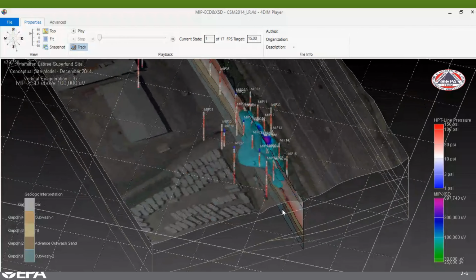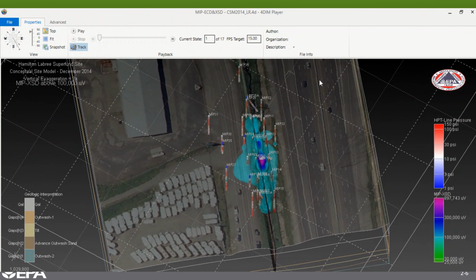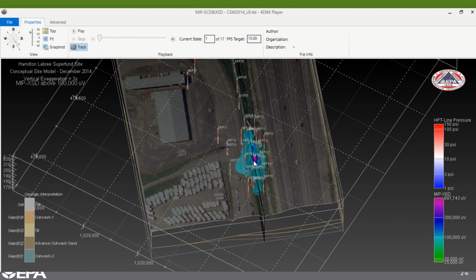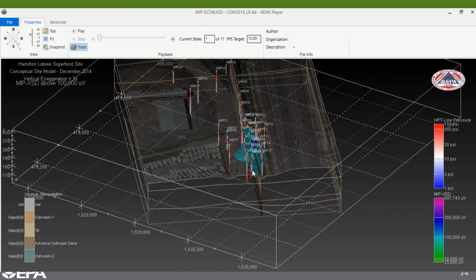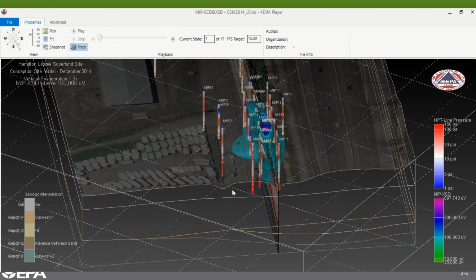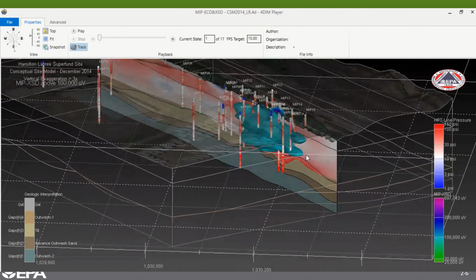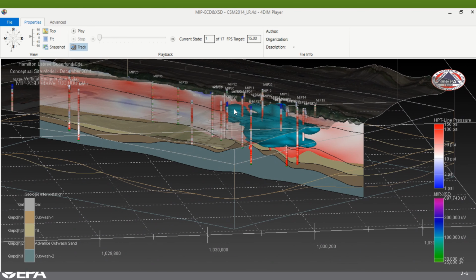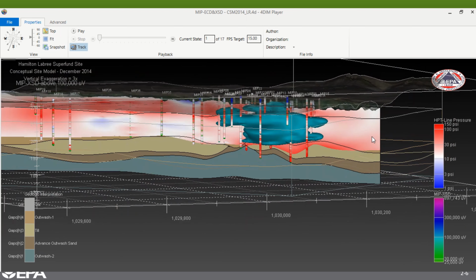So here we are looking at the site. Here's the I-5 corridor, Berwick Creek, which runs just along the highway here, and you're looking at interpolated MIP response from the halogen specific detector, or XSD, above 100,000 microvolts, and also an interpolation of the hydraulic profiling tool and the lithology from that.